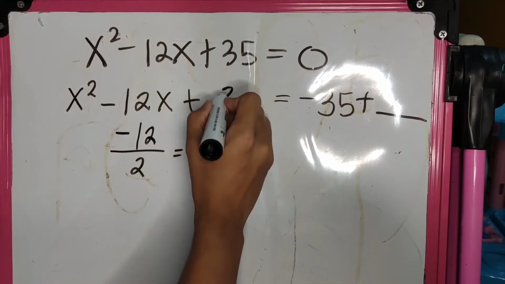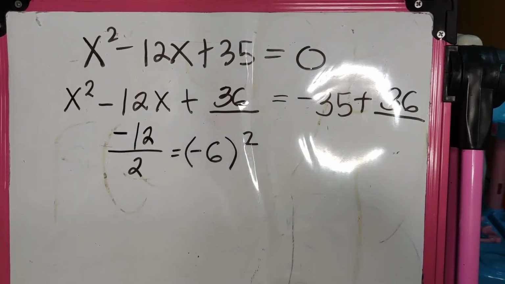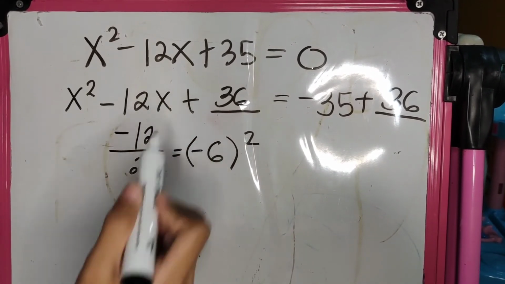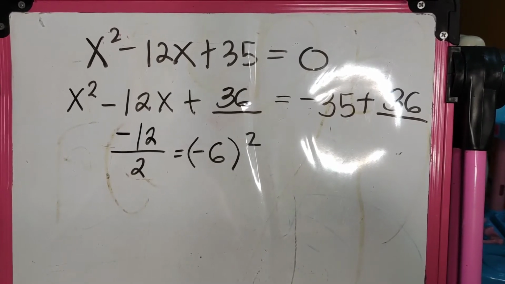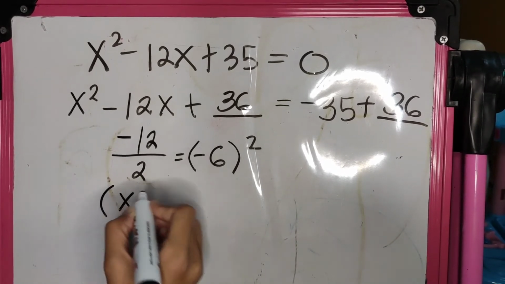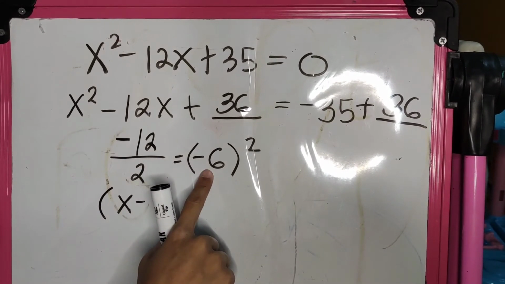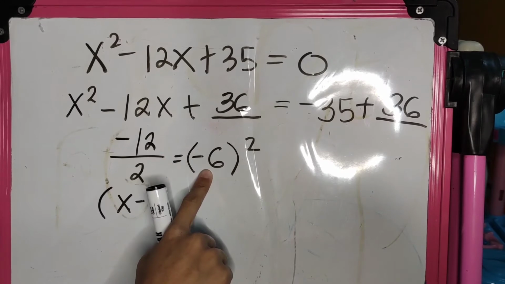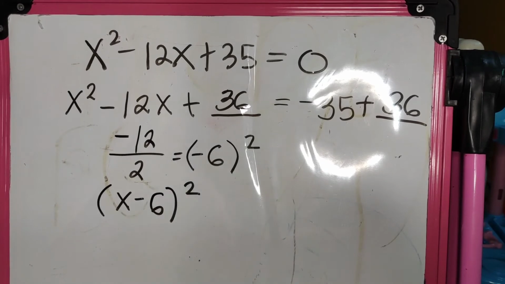So we will add 36 on the left side and another 36 on the right side of the equation, giving us now x squared minus 12x plus 36 as a perfect square trinomial. So therefore, we can now simplify and express this as x minus, whatever is the result when you divide the numerical coefficient of the linear term by 2 would be the second term, squared.